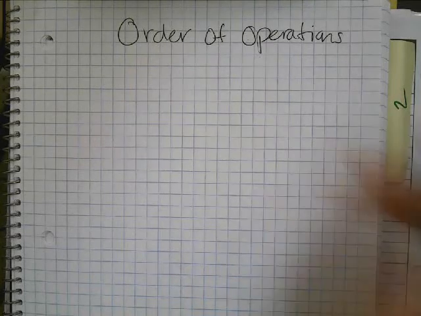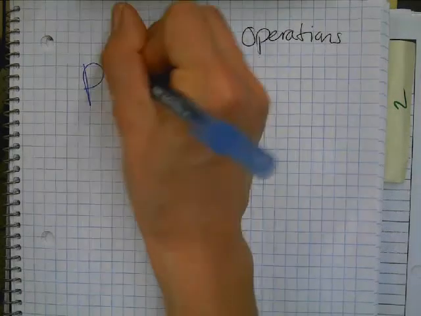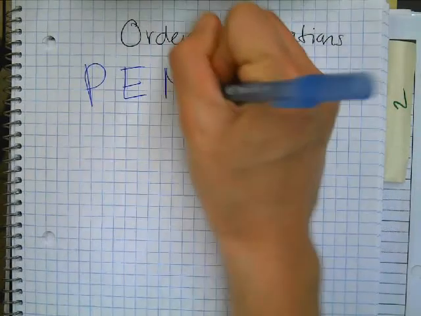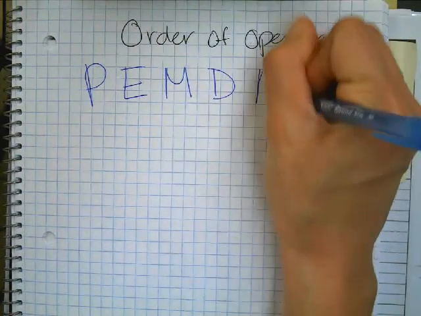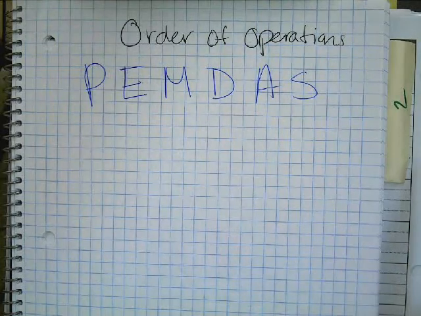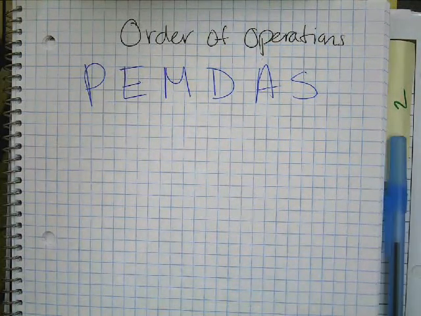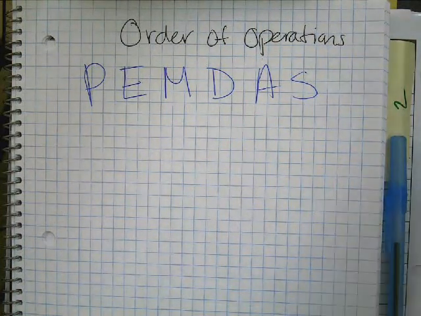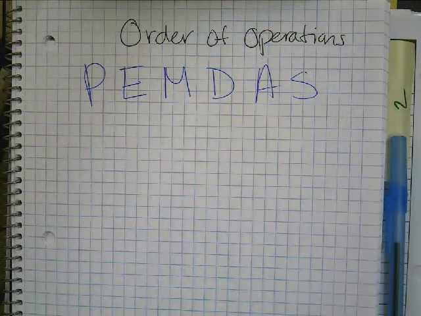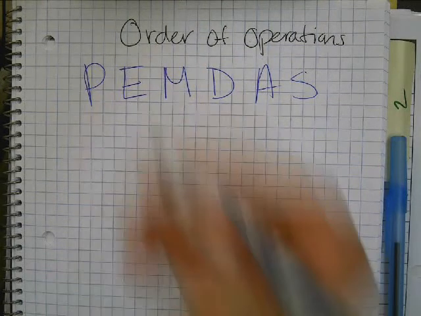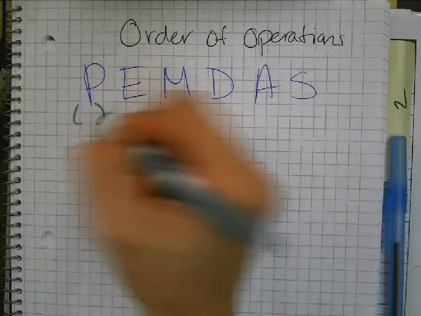Alright. PEMDAS. Please excuse my dear. Good. PEMDAS. No. You got the E wrong. Exponent. Okay.